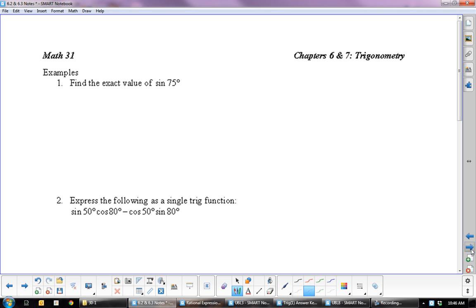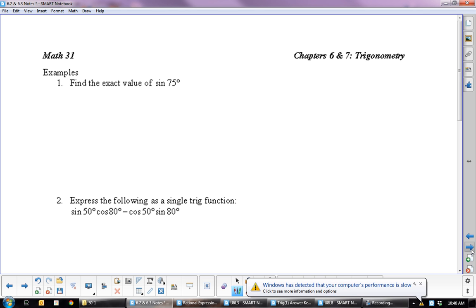So you've got to find a combination of two numbers, either if you subtract them or if you add them, give you 75, and those two numbers are on your unit circle. What are two degrees that we know on the unit circle that would add to 75? 45 and 30, right?